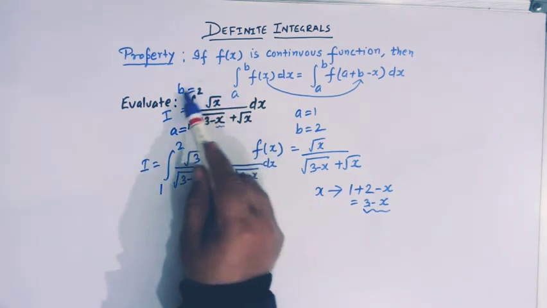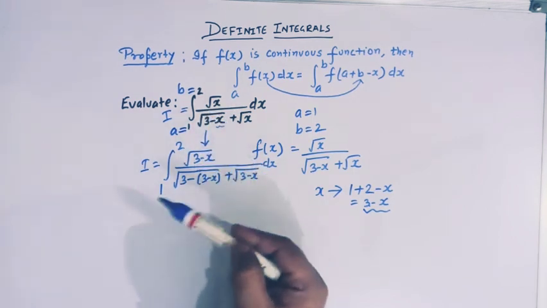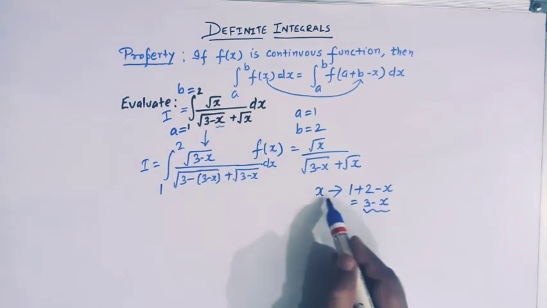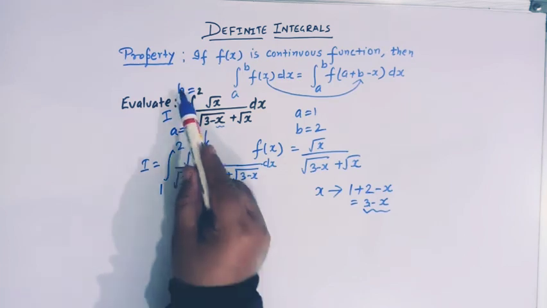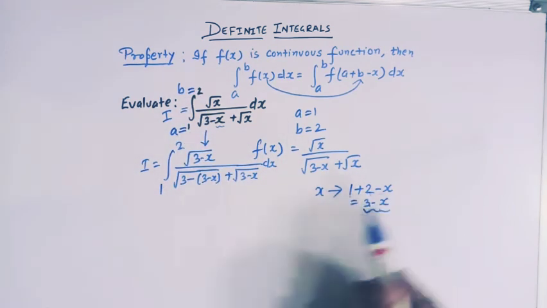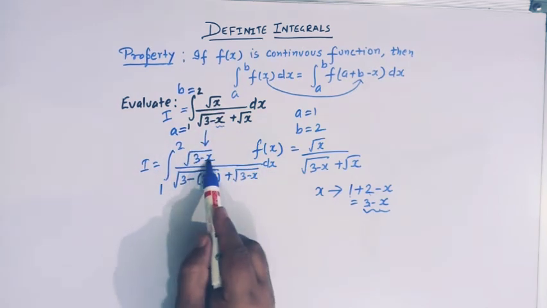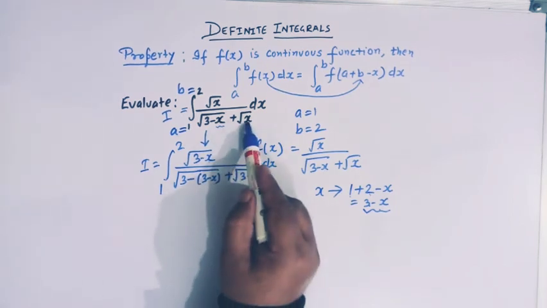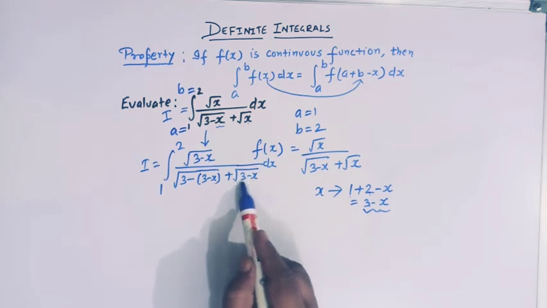So in this step we replace the variable x by a plus b minus x. The value of a is 1, the value of b is 2, so 1 plus 2 is 3, and we write 3 minus x. Here for x we have written 3 minus x, and here also.